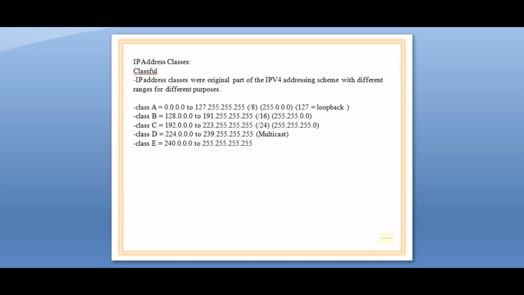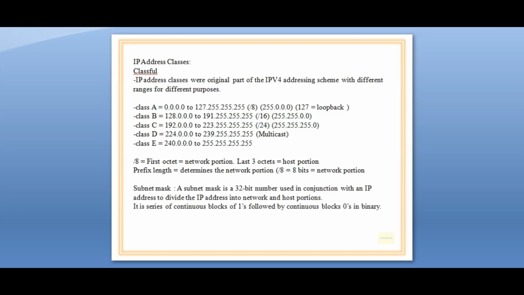Now let's discuss what this /8, /16 and /24 mean. /8 indicates the prefix length of the subnet mask, where the first 8 bits are designated for the network portion of the IP address and the remaining bits are designated for the host portion. Prefix length is what determines your network portion.